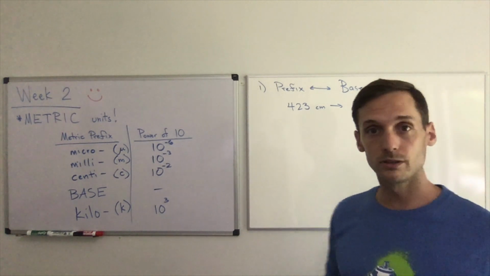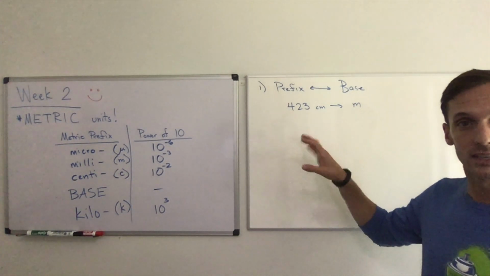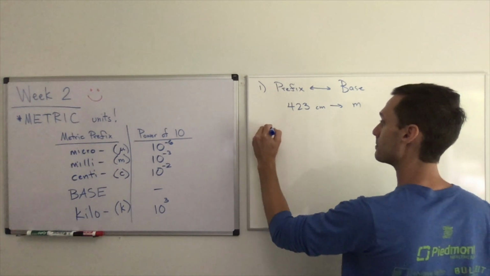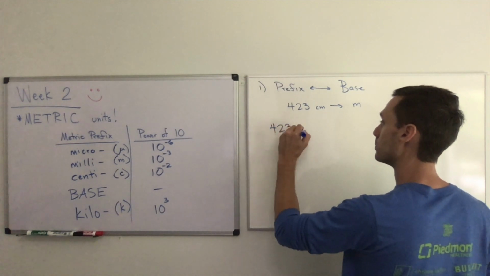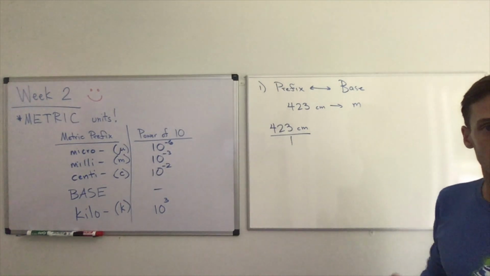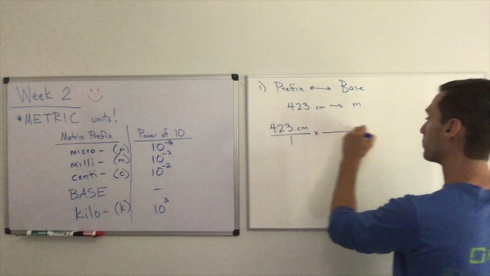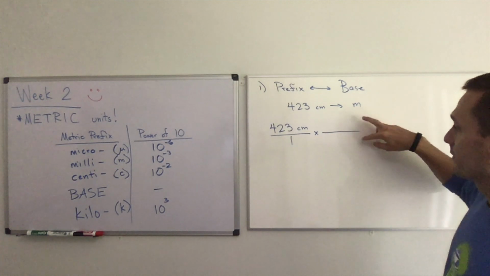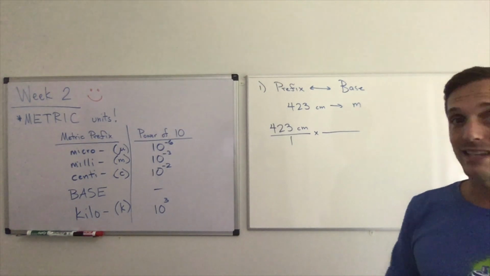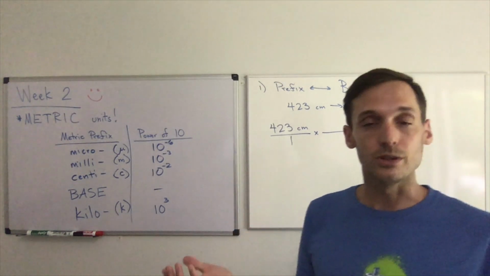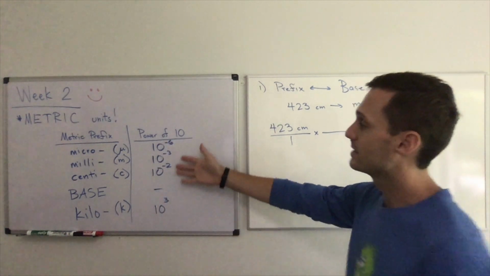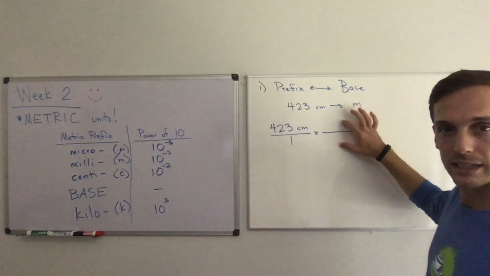Okay, so let's use dimensional analysis to set up a problem like this as a unit conversion dimensional analysis. So the first step with dimensional analysis always is to put your given number with its unit over 1. Okay? And then we're just going to figure out what fraction we can use in our next fraction in order to get rid of centimeters and bring in a new unit. In this case, we want to get to meters. Well, that's why we have this table, because this will tell us what to fill in here.